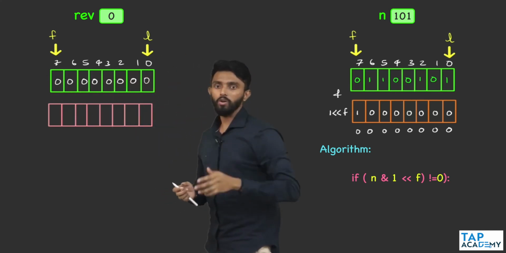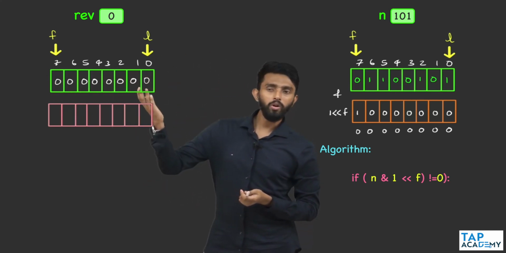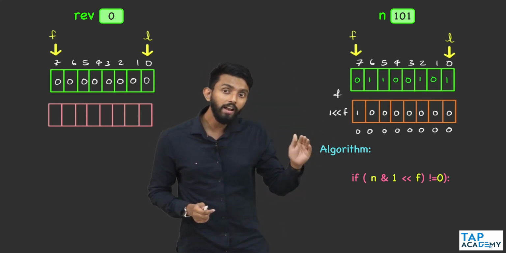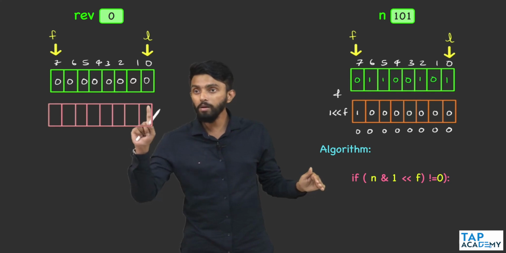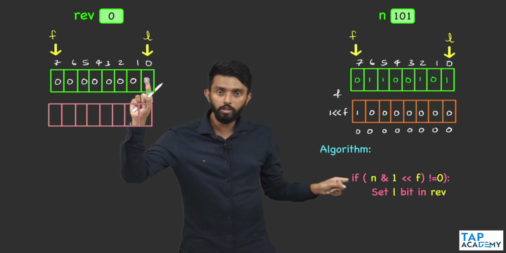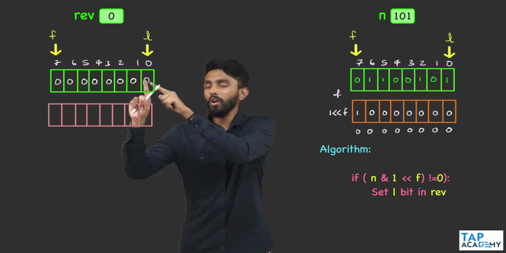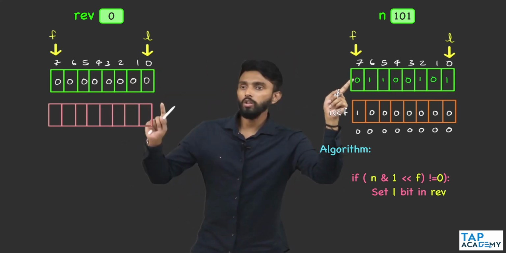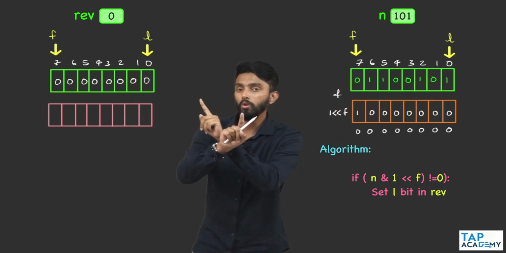It is already 0. So I don't have to really do anything. But if it was not equal to 0, then I'll have to set the L bit. I have to set L bit in reverse. How to set the L bit in reverse we will see. But right now, because it is already 0, I don't have to touch it. Because it's already 0, I don't have to touch it, right? So here it is 0, here it is 0. Reversing is happening slowly. Great.